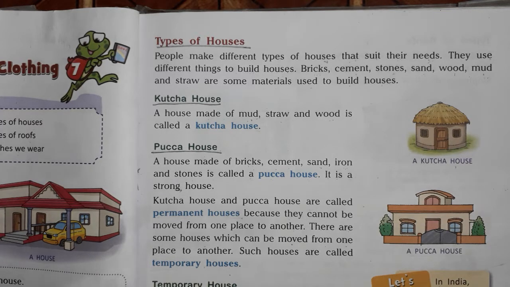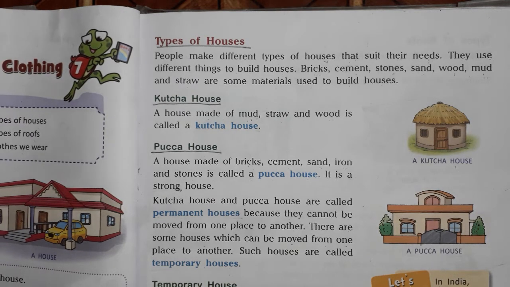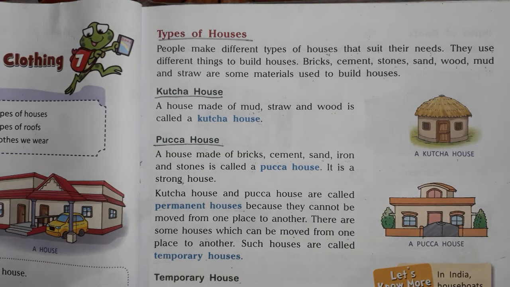There are different things required for building a house, like bricks, cement, sand, stones. I had shown you also samples of cement, sand and stone. These are the materials which are very essential for constructing a house.